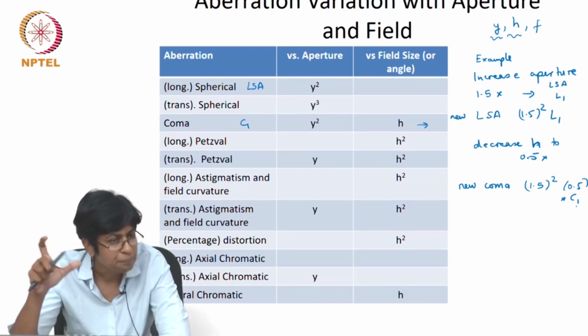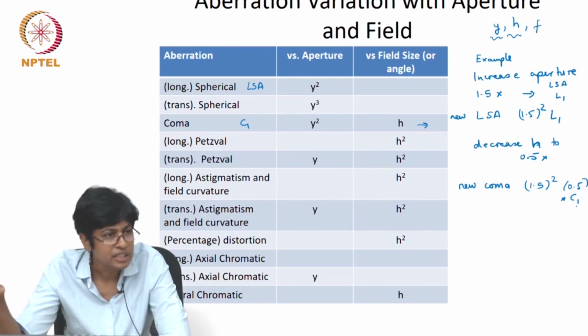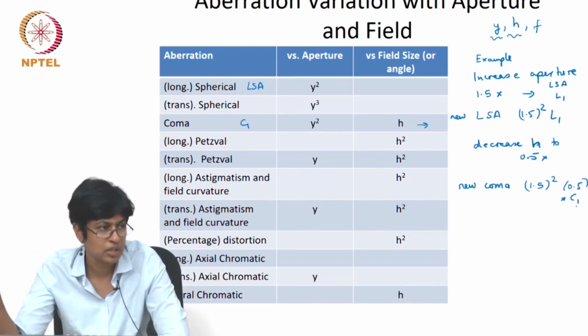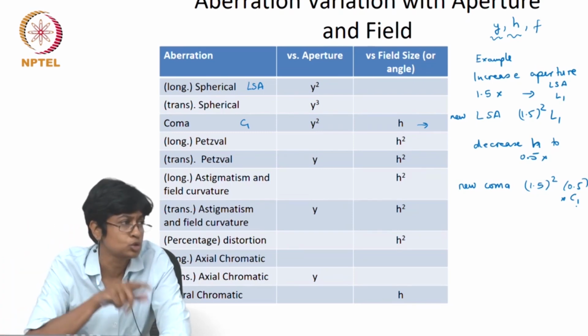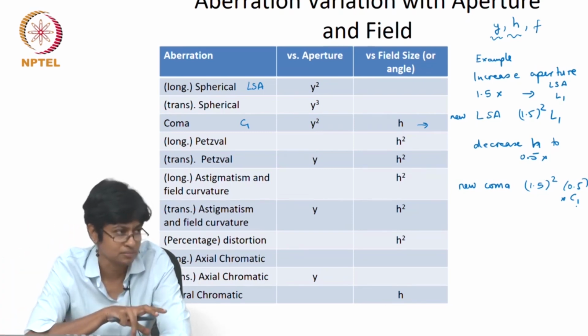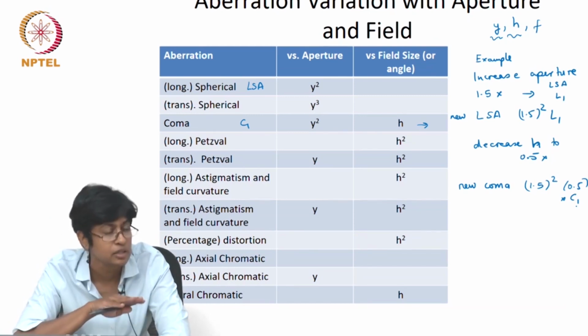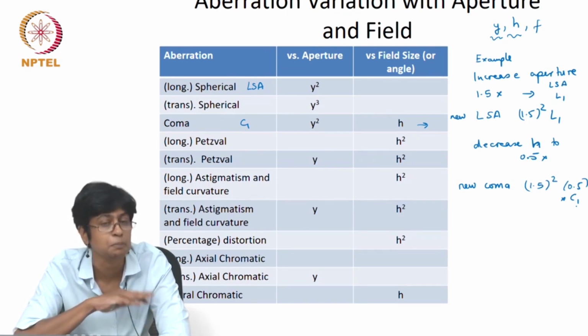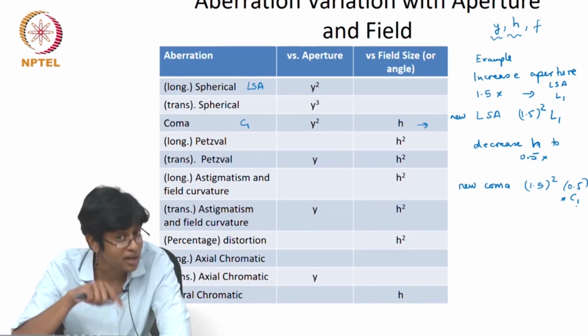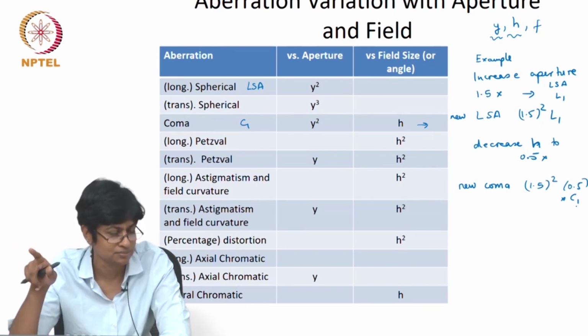If you change one parameter slightly, the aberrations are going to change in a very specific way because they are related to those parameters of the system. So that's the main point to take away from this table. You don't have to recalculate and redo everything. You're not changing the system completely, but you are affecting the aberrations.